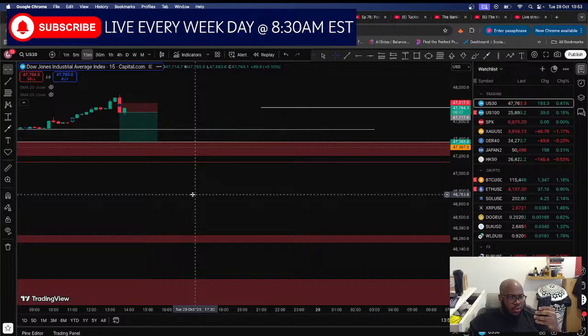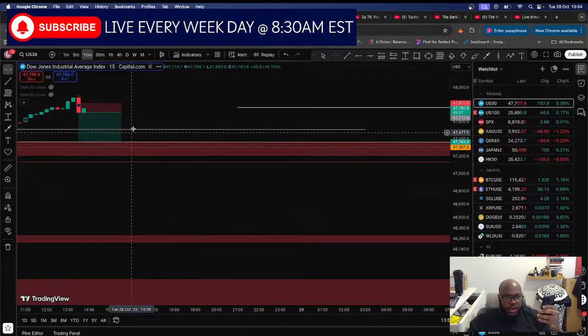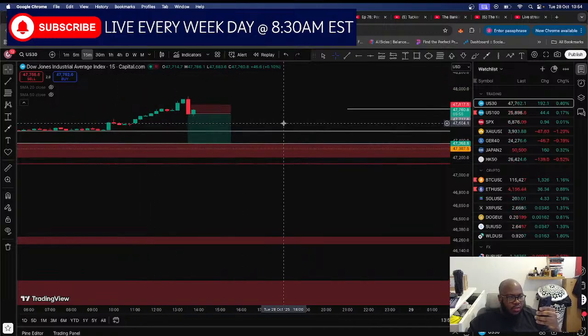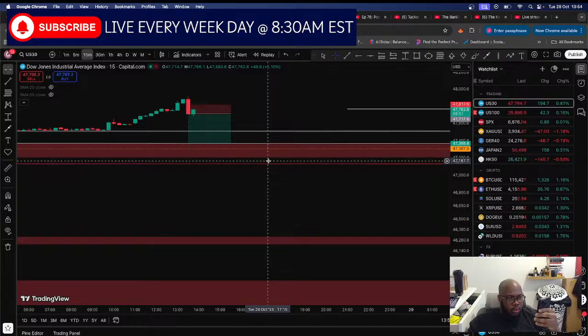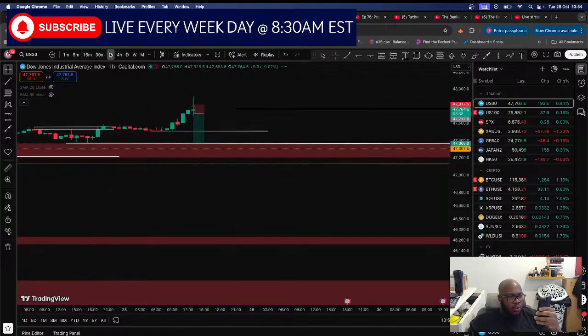So let's see if we do get some momentum coming. So now we need to see price pretty much decline aggressively, and it doesn't look like we're getting that at all. We've got about 5 minutes left until the hourly candle closes.